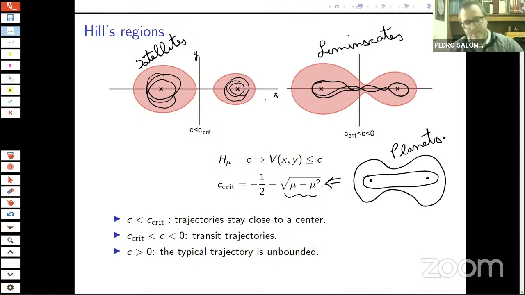So today I will talk more about what's happening with the dynamics above this critical value, which is a negative value here, and in between this critical value and 0. So this is where the dynamics gets a bit more complicated. Okay, where you have these transit trajectories, the lemniscates and the planets.